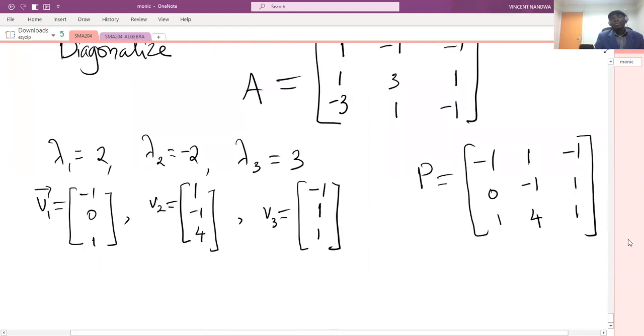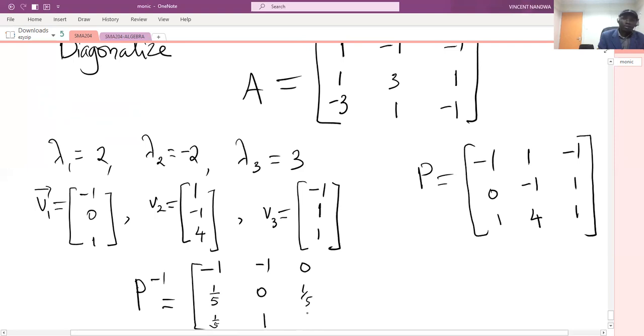And then the next step, you'll find P inverse. When you do the correct calculation, the P inverse for this matrix will be minus 1, 1 over 5, 1 over 5, and then minus 1, 0, 1, 0, 1 over 5, and then 1 over 5.